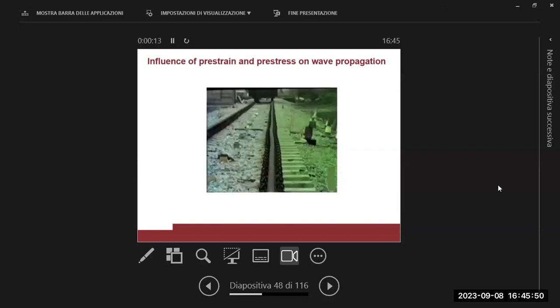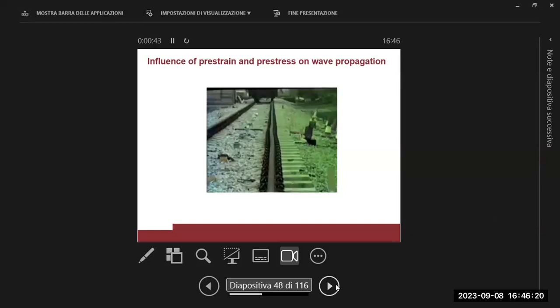So it's a theory which accounts for non-linearities in the material, non-linear deformations, strain components, and also it accounts for the fact that equilibrium takes place in a deformed configuration.